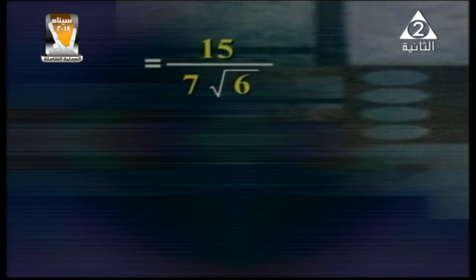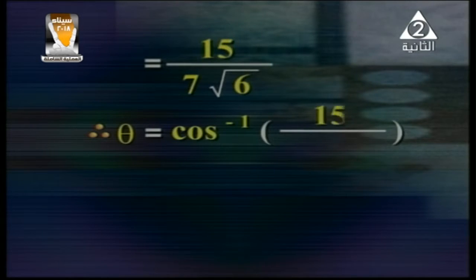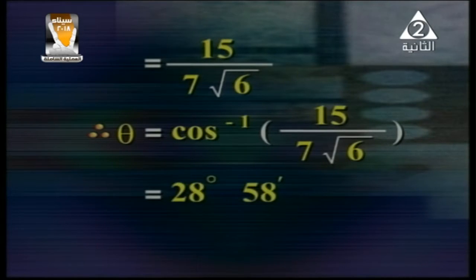This is the value of cosine theta. Then we find the value of theta by shift cosine, or cosine negative 1, of the result 15 over 7 root 6. What is the value of theta? It is 28 degrees and 58 minutes.